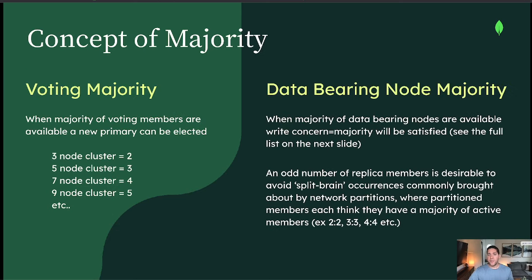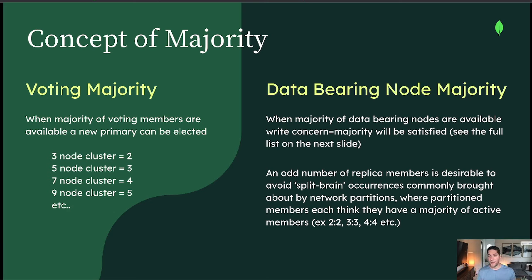So this brings us to the concept of majority. So now, in order for a MongoDB replica set to be considered healthy and writable, the replica set must maintain a majority of active members. So for example, in a 3-node replica set, we need 2 of 3 to be active, which gives us a fault tolerance of 1. Now in a 5-node replica set, we would need the majority, which would be 3, to remain active, which gives us a fault tolerance of 2.